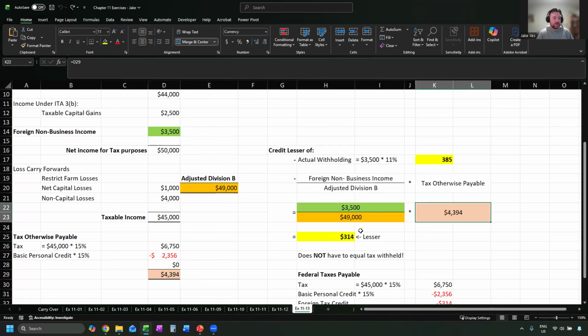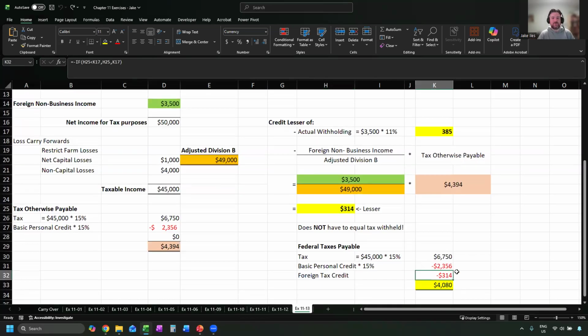That portion says, okay, $314 is what Canada would have collected. Then we compare that to what we actually paid. We paid 385. Okay, so we'll claim the lesser, 314. If we only paid $300, then we would only claim $300. So we compare these two, we take the lesser amount, and that credit gets subtracted from our taxes.